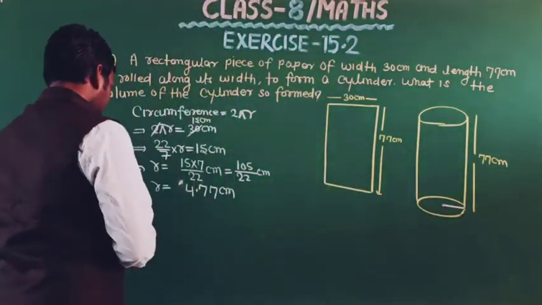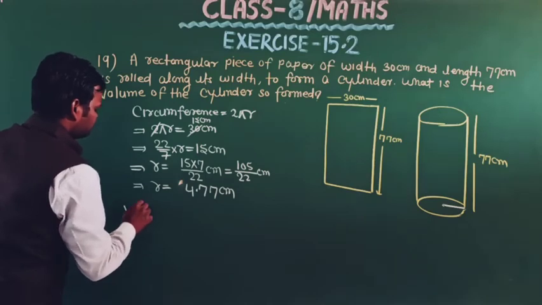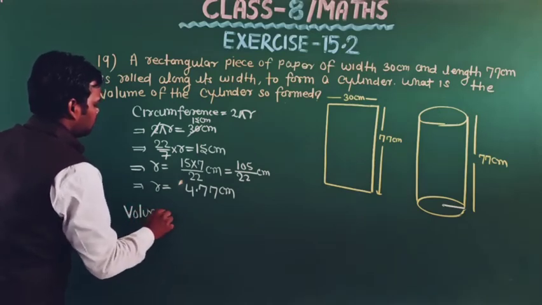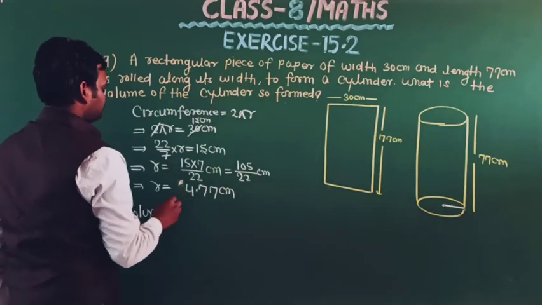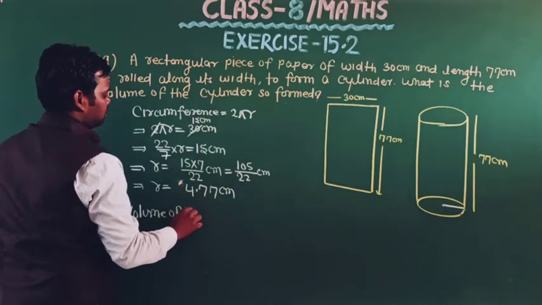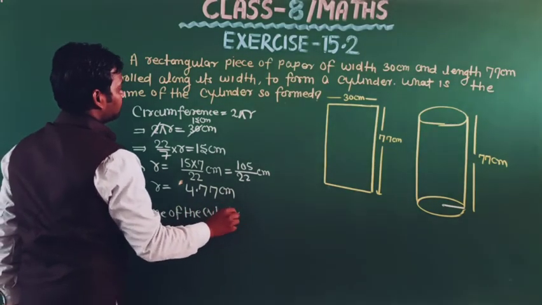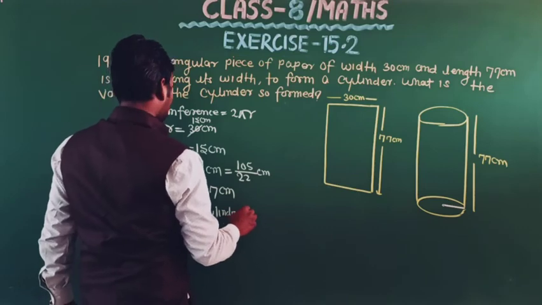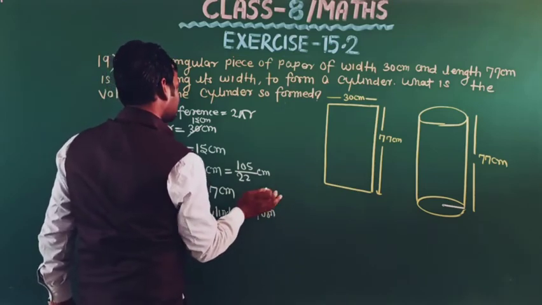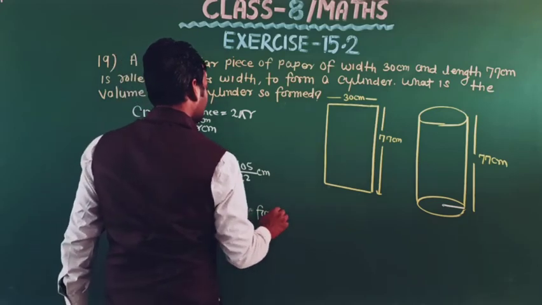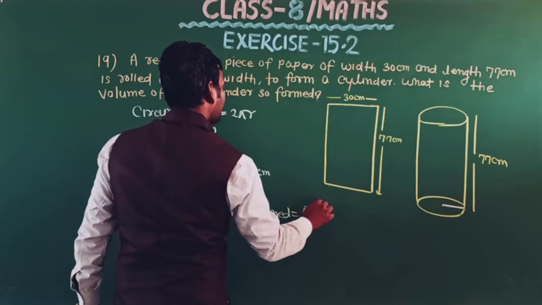Now we have to find its volume. The volume of the cylinder formed equals pi r square.